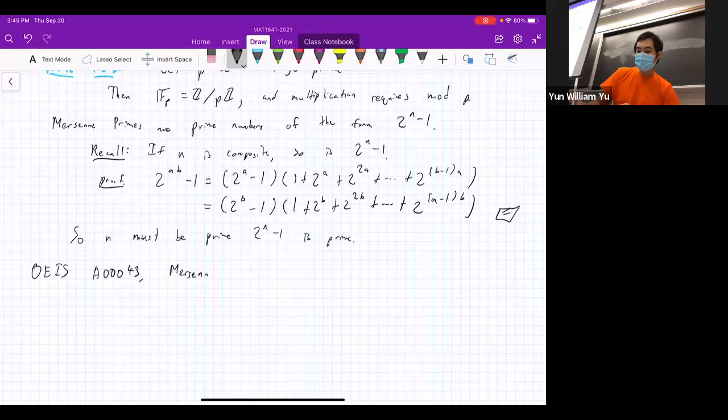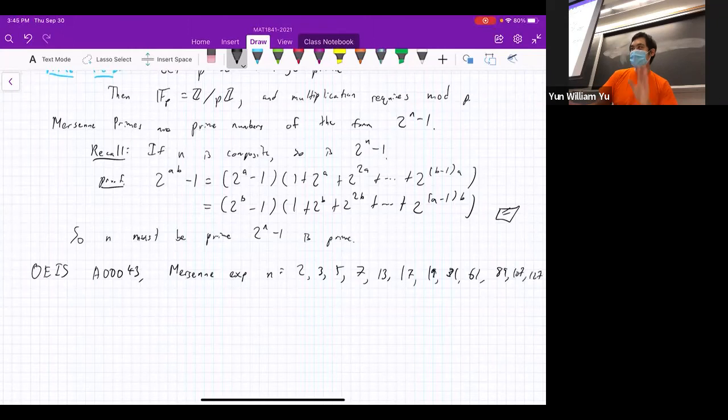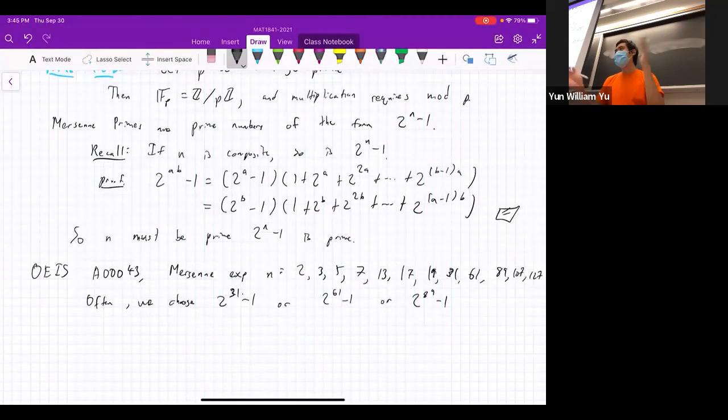The Mersenne exponents n are 2, 3, 5, 7, 13, 17, 19, 31, 61, 89, 107, and 127. Those are most of the interesting ones for us if we want to implement this. Often we choose 2 to the 31 minus 1, or sometimes 2 to the 61 minus 1, or 2 to the 89 minus 1, depending on how big your sizes are.